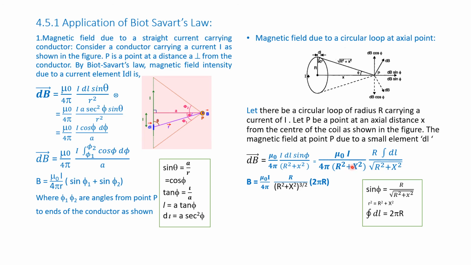These two when we combine, it becomes r square plus x square whole to the power of 3 by 2, and integral dl is 2 pi r. Therefore, the equation for magnetic field due to a circular loop at axial point P is given by the relationship B is equal to mu naught I r square divided by 2 into r square plus x square whole to the power of 3 by 2.